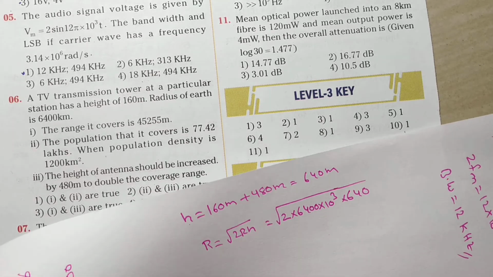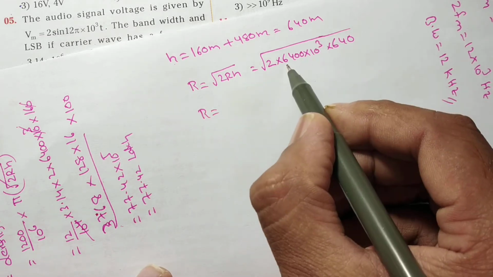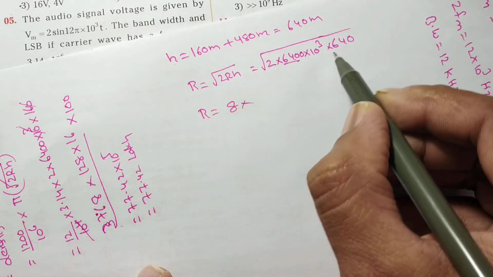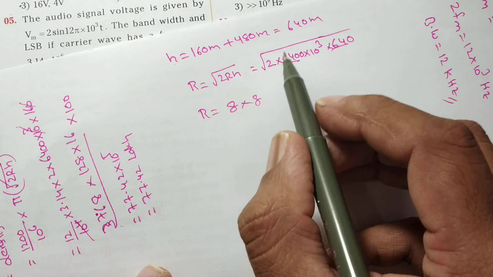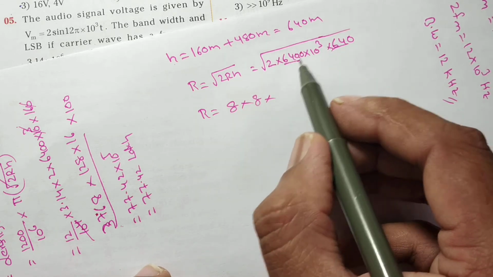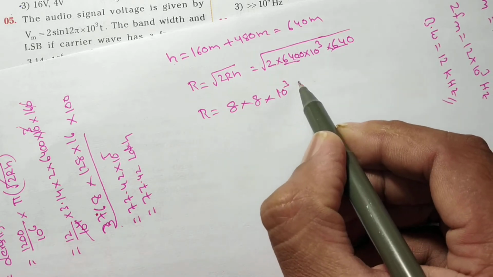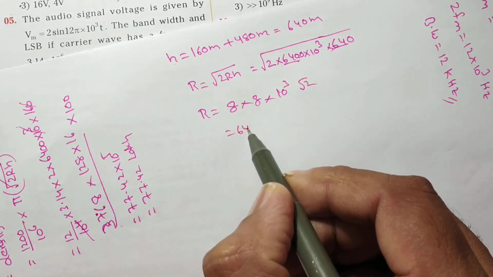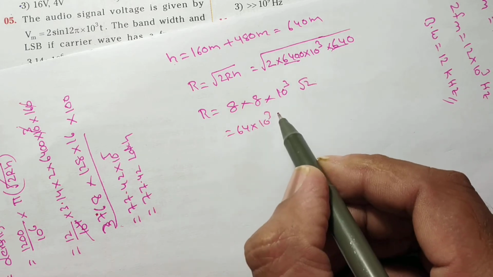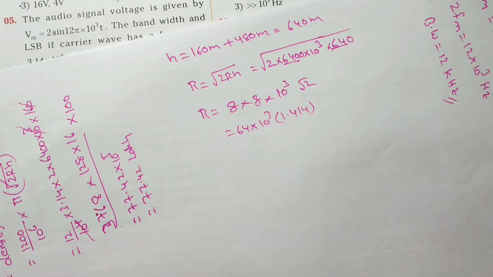Now we are going to solve. Range is 64 means 8. Then 10 to the power of 6 means we get 10 to the power of 3. Root 2. That means 64 into 10 to the power of 3 into root 2, which is 1.414. Just we have to multiply the thing.